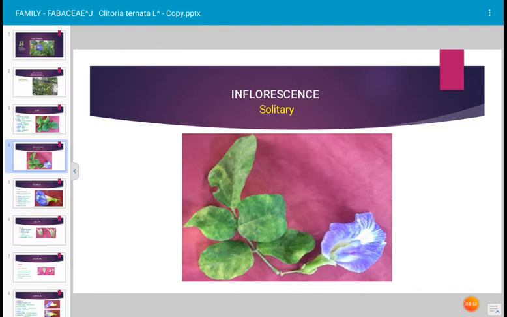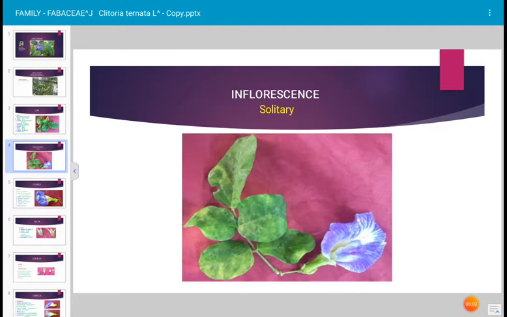The solitary flowers are formed by direct transformation of the shoot tips into flowers. It may be terminal, or it may be axillary. Such a flowering shoot is termed solitary type, and that occurs in Clitoria ternata.